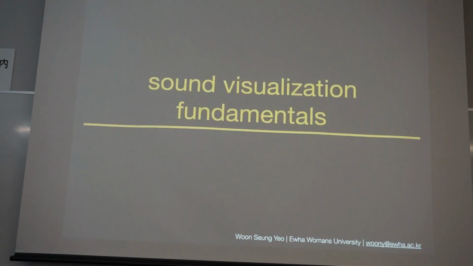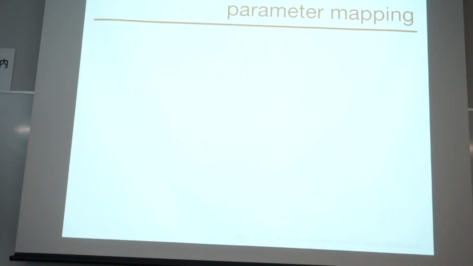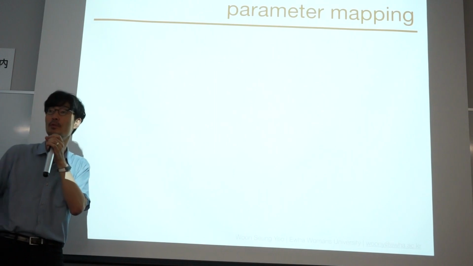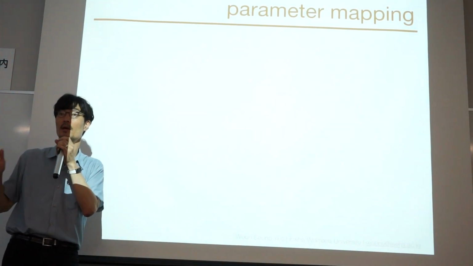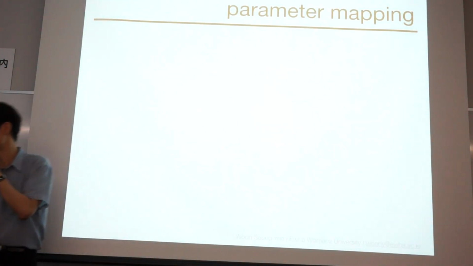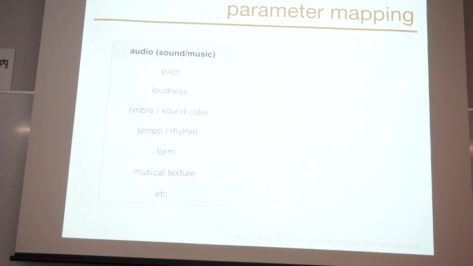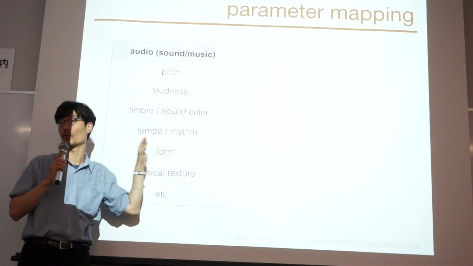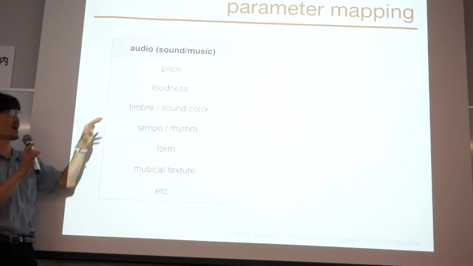Okay, and then let me try to introduce a couple more examples or things to consider for visualizing sound. I would say visualizing sound or music is basically the process of parameter mapping. By parameter mapping, I mean we have these kind of parameters or elements of sound or music.